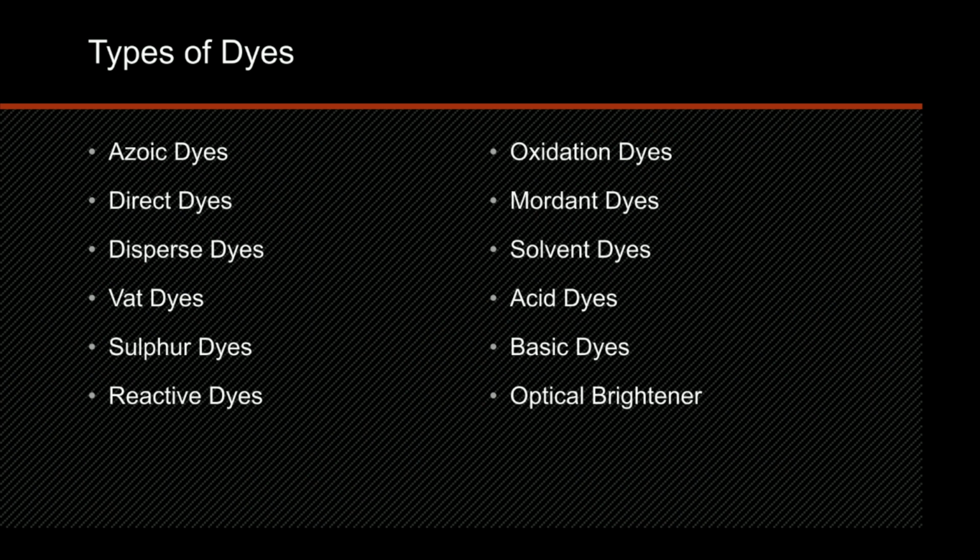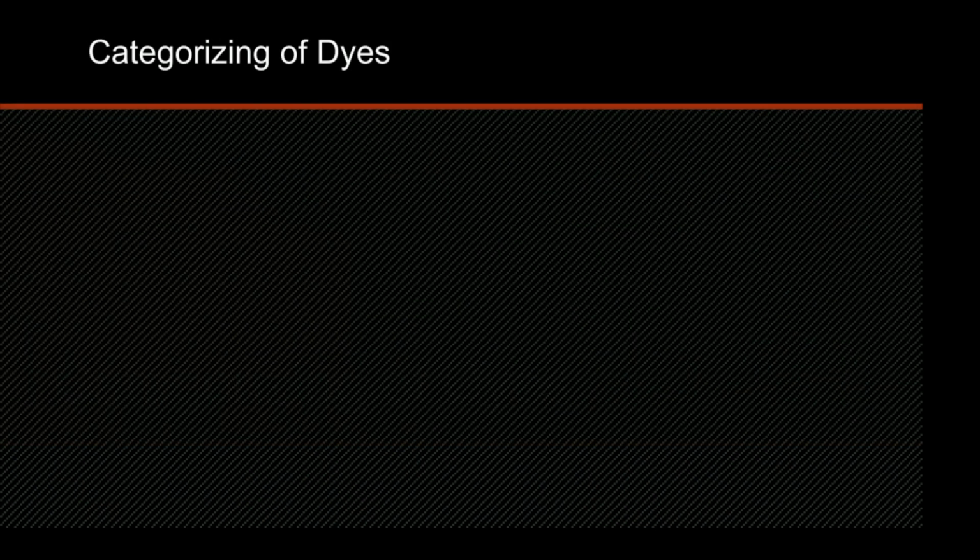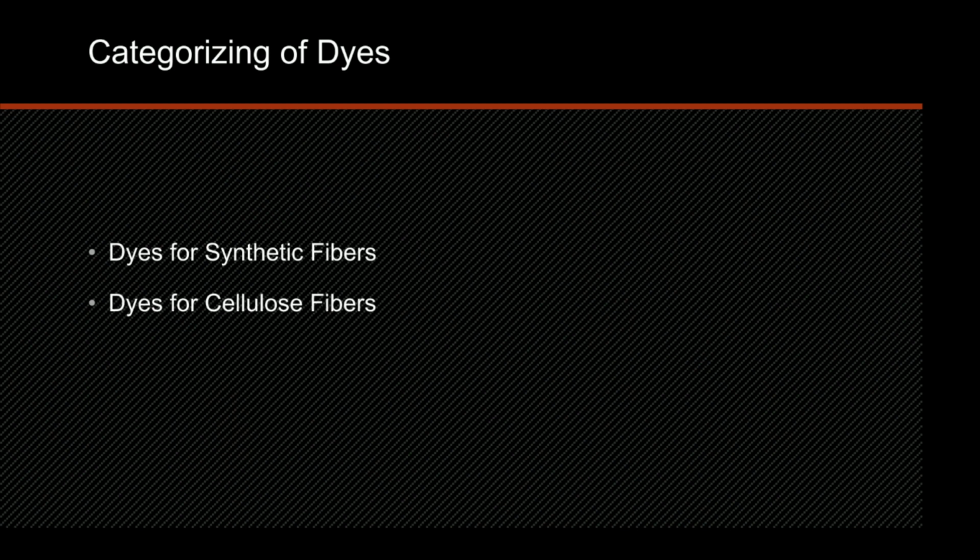For our convenience, these dyes are categorized into three major groups, which are dyes for synthetic fibers, dyes for cellulose fiber, and dyes for protein fibers. We will discuss these types of dyes and dyeing later.